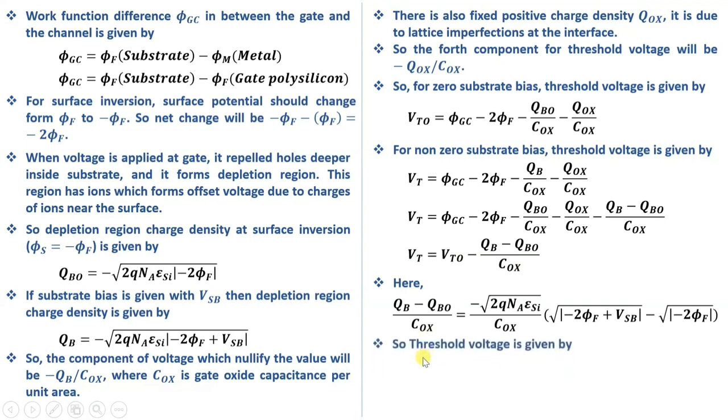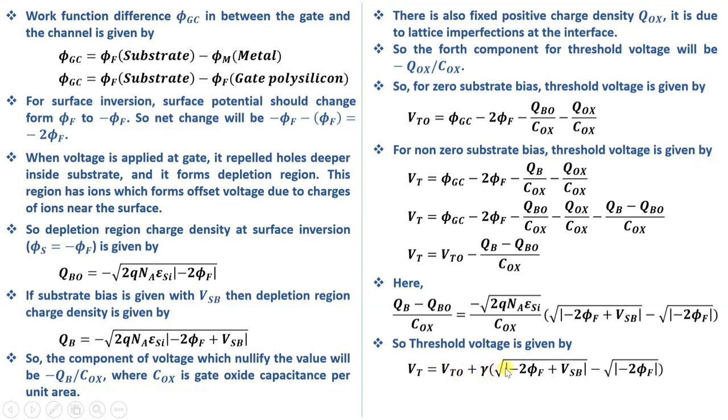So we can have the threshold voltage, VT, equal to VTO plus. Now, this has a minus sign, but here we will be considering gamma as a plus of this, so that minus minus sign will get cancelled.